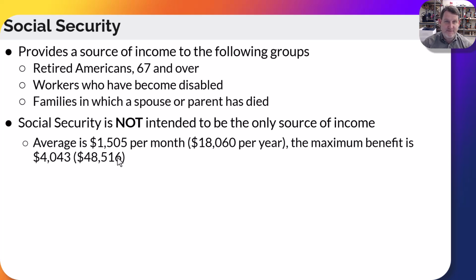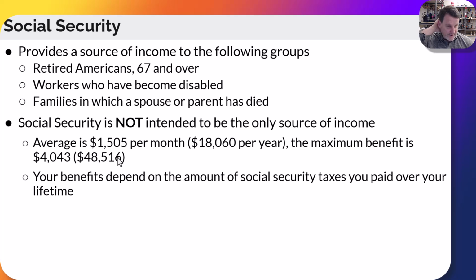The maximum benefit, if you were capping out at that 176 your entire time, is $4,000 a month, so just $48,000 a year. The $4,000 is probably livable, honestly. The $1,500 isn't. So the moral here is that you need more than Social Security to survive on when you retire. And your benefits depend on how much Social Security tax you paid over your lifetime.